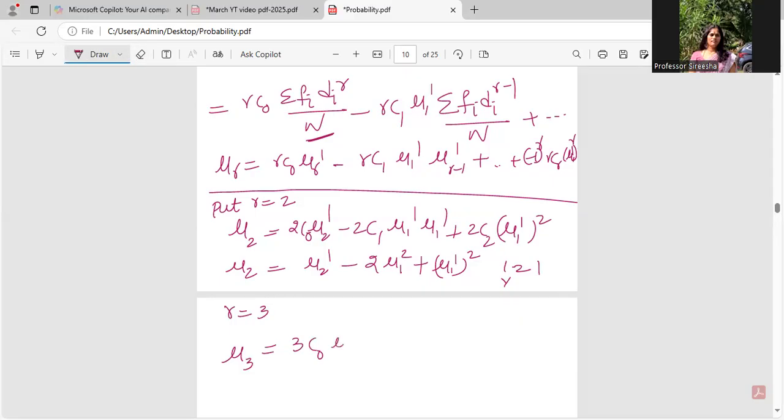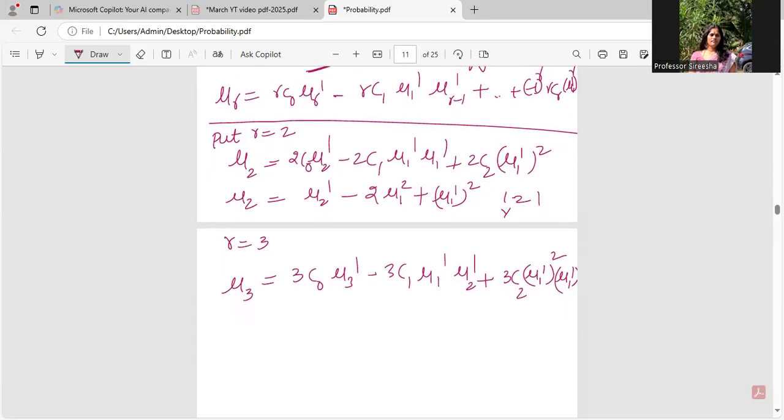3C0 mu 3 prime minus 3C1 mu 1 prime mu 2 prime plus 3C2 mu 1 prime squared mu 1 prime. Okay, yeah, 3ab square, 3a square b kind. Then 3c3 mu 1 prime whole cube is what I will have.